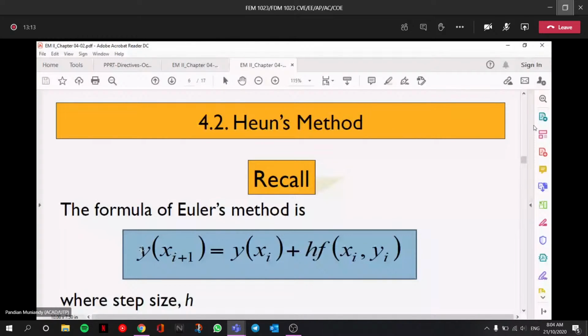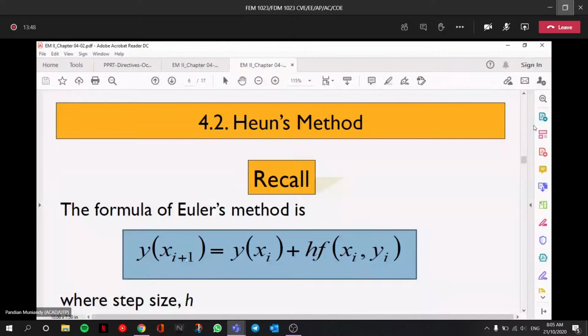So your y is the output, x is the input. x_{i+1} is the next x after x_i, because i can run from 0, 1, 2, 3, 4, and so on. It is better for you to write the subscript. If I substitute i with 0, 0 plus 1 is 1.